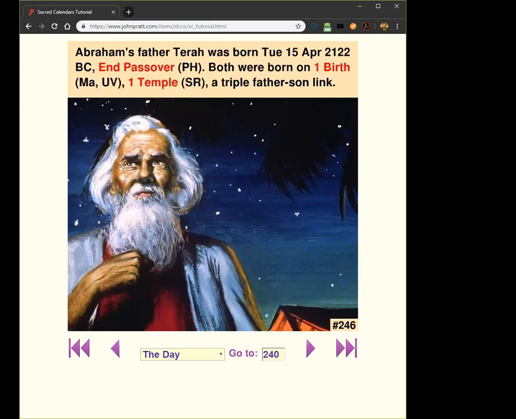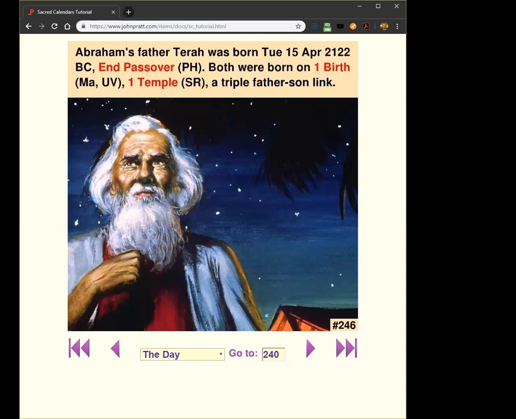Abraham's father is born on this date, which was the end of Passover, a major holy day in Hebrew. But he's born on the same day as his son on 3 different calendars. One birth on both Mars, and one birth, that's the day that represents birth, on both Mars and uniform Venus. See, those 2 are linked together again. But they're only linked during the age in which Abraham's born, because remember, those ages don't last forever.